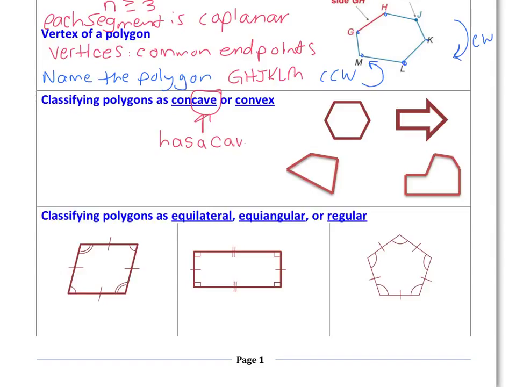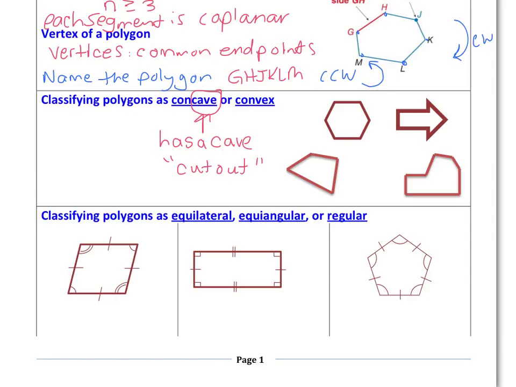Or maybe let's think of it as a cutout. And then convex would be that it doesn't. That would be the opposite. Okay, so we've got various polygons over here. They've all got straight segments made up of it. It is a closed figure, by the way. I should have said that above. A polygon has to be closed.